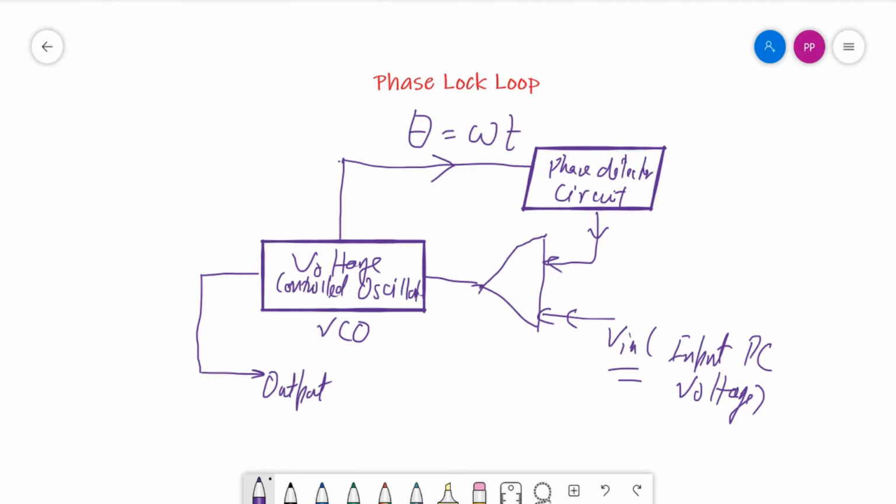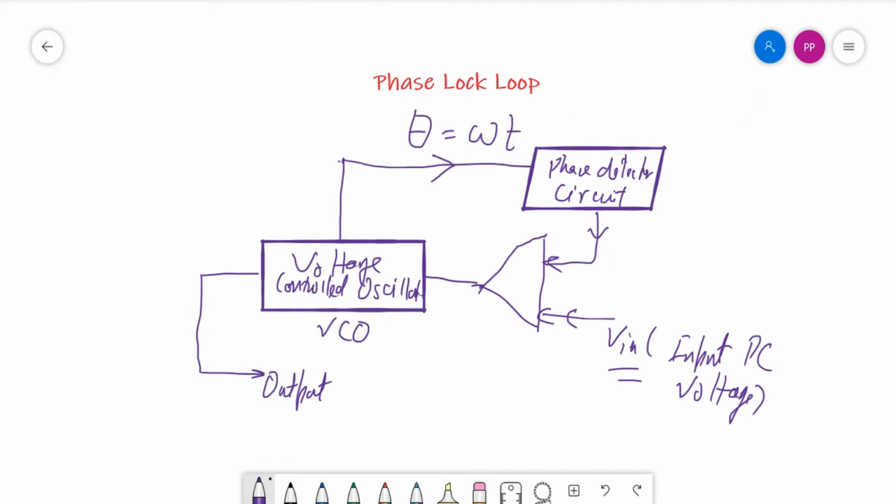Now, the phase detector circuit, what is its role? It detects the phase of the voltage controlled oscillator circuit, because the frequency output of the voltage controlled oscillator can be equivalently converted into phase, and this phase is sensed by the phase detector circuit.